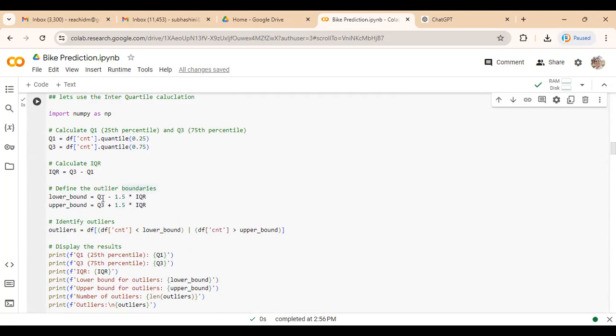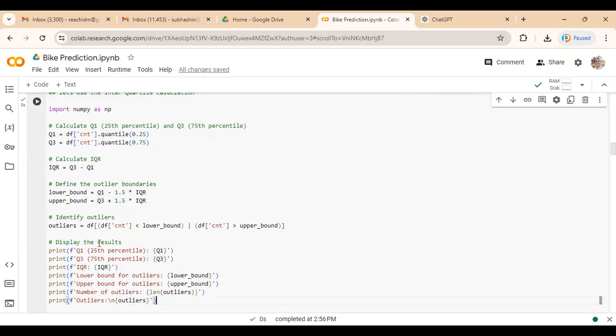The lower bound, the minimum which will qualify, is Q1 minus 1.5 times the interquartile range, while the upper boundary, the maximum which will qualify as not being an outlier, is Q3 plus 1.5 times the interquartile range. Then we want to understand whether anything busts this range and qualifies as an outlier. The system should print that out for us. Let's see.